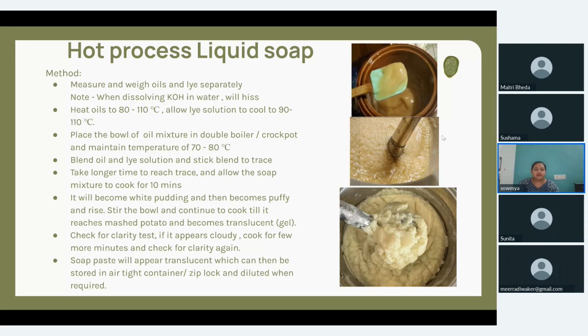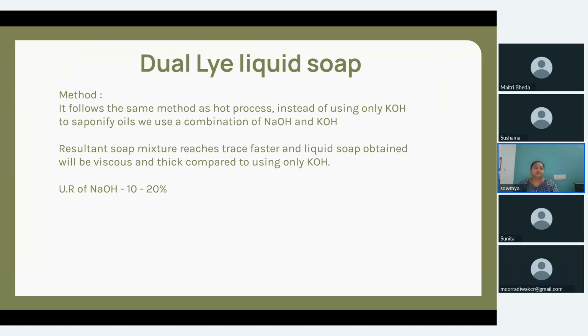And then we have our dual lye method. Here we will follow the same procedure of how to make a cold process or a hot process. The only thing is we are also adding sodium hydroxide apart from our potassium hydroxide. But the sodium hydroxide we are adding will be in very less percentage.